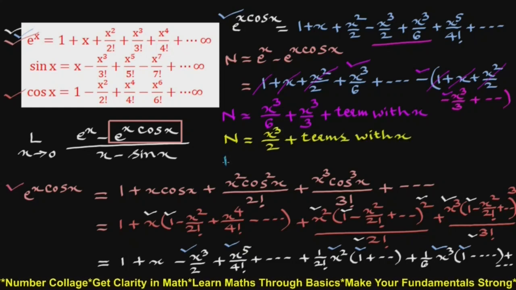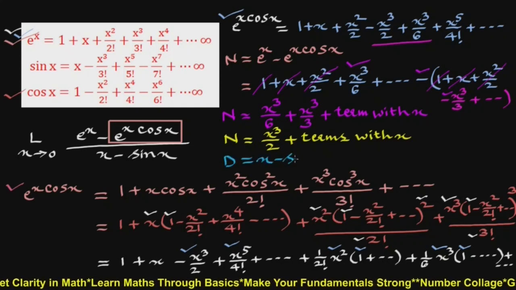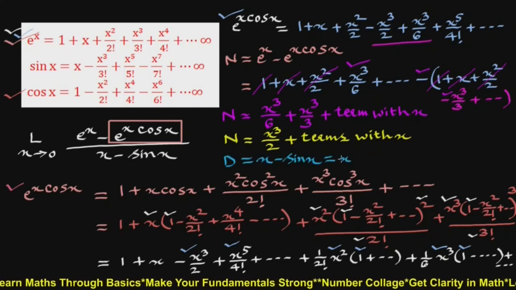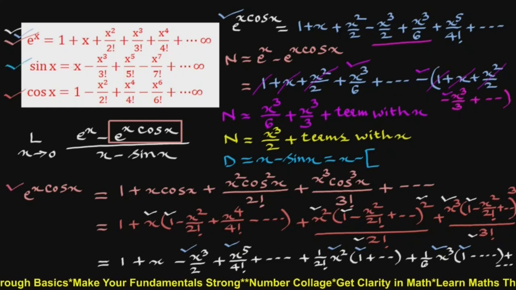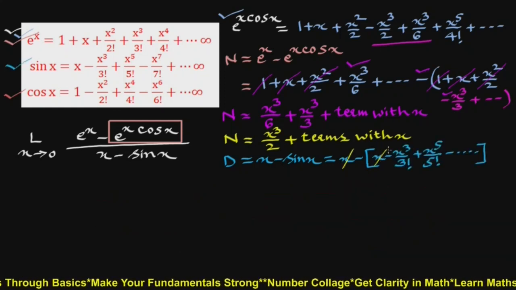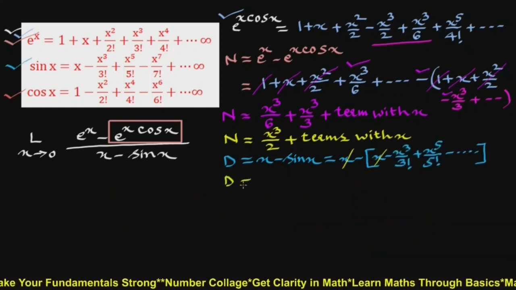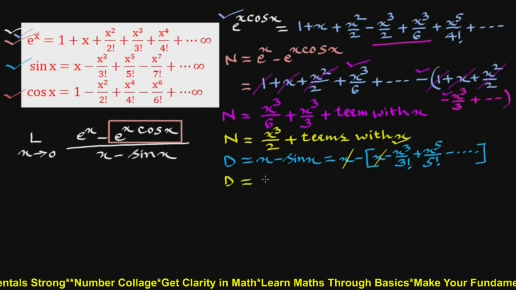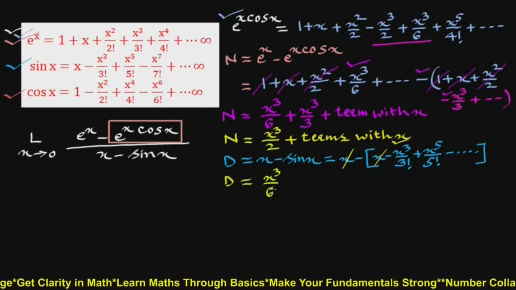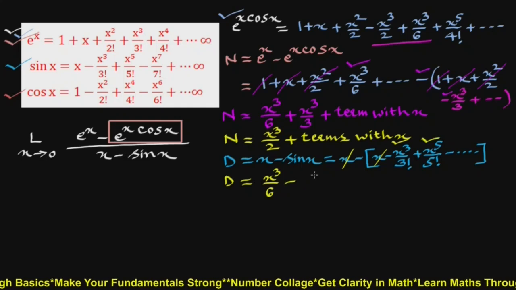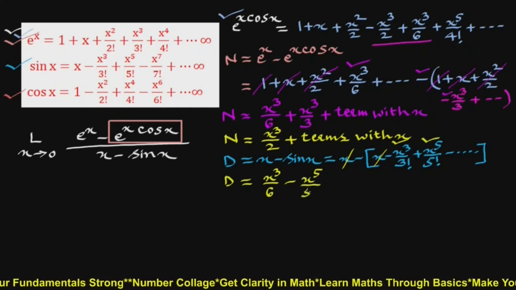Now the denominator x minus sin x will be x minus the expansion of sin x. From here, x minus x is 0. So the denominator will be this x cube upon 3 factorial, which is 6, minus this x raised to 5 upon 5 factorial.